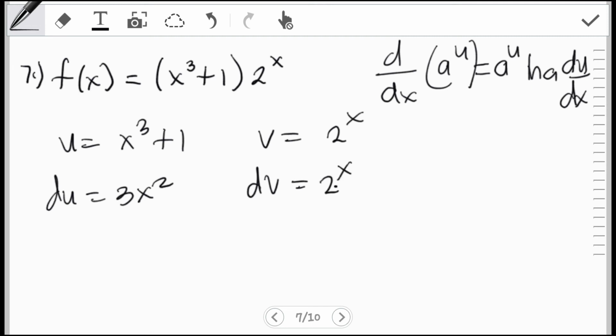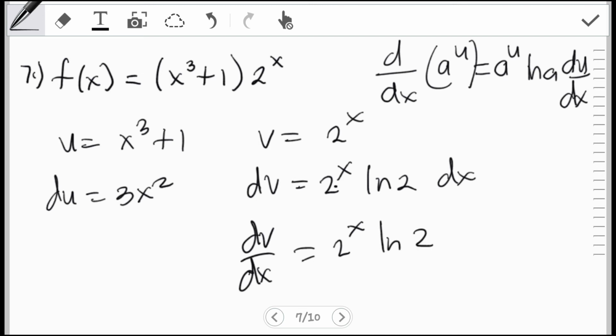So for 2 to the power x, dv over dx is equal to 2 to the power x ln 2. Also, du over dx is equal to 3x squared.